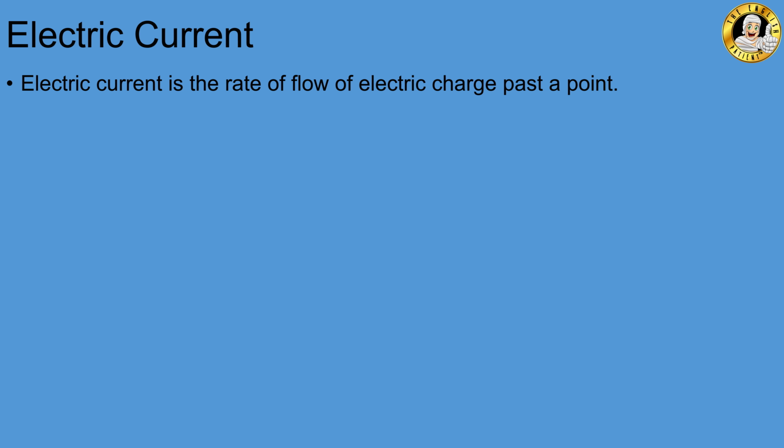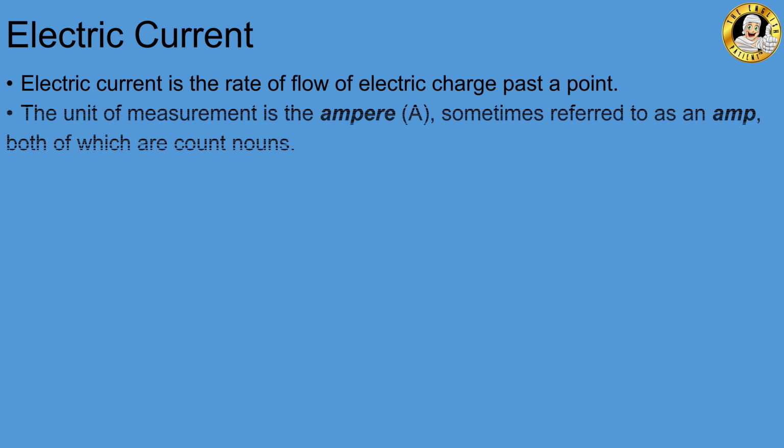Electric current is the rate of flow of electric charge past a particular point. Now, the unit of measurement is the ampere, represented as a capital A. Sometimes it's simply shortened to amp, and both of these are count nouns.